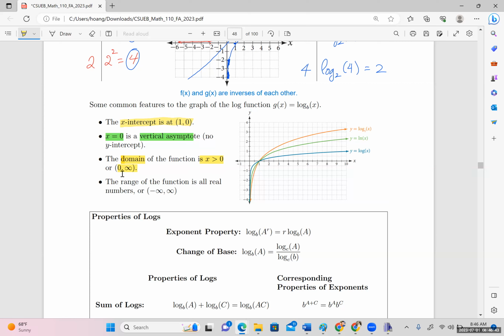For the range, it's going to be all real numbers, because you see the vertical one, right? It just goes all the way down to negative infinity, and goes up to positive infinity slowly. Okay, but still, it's going to be all real numbers.